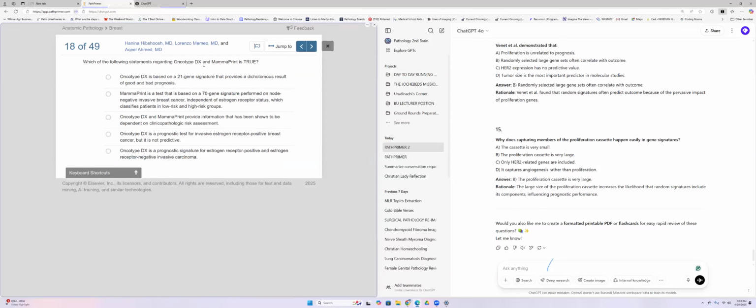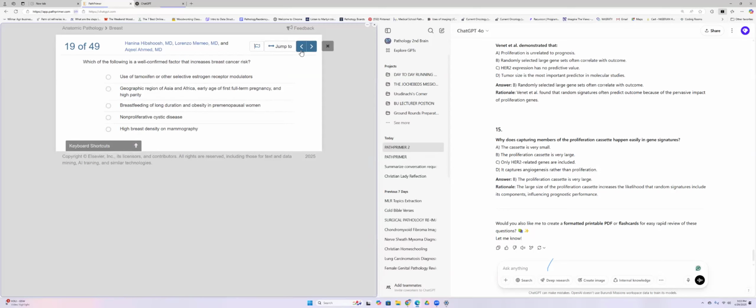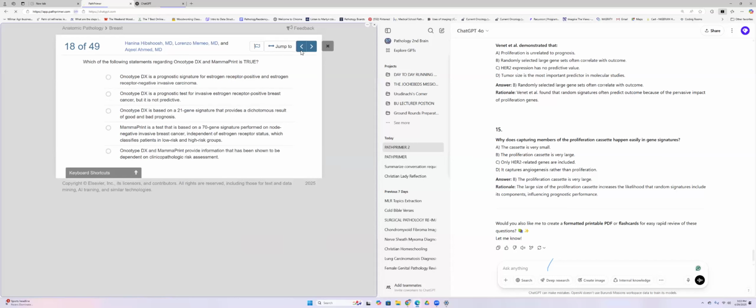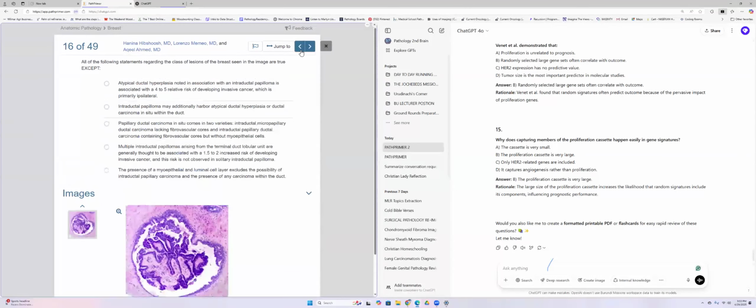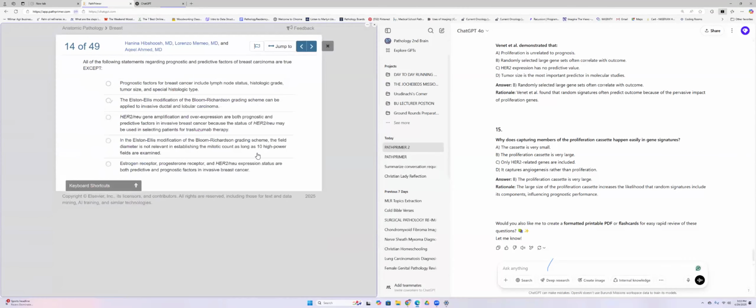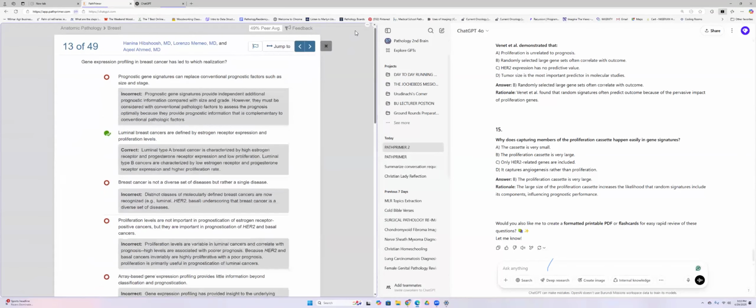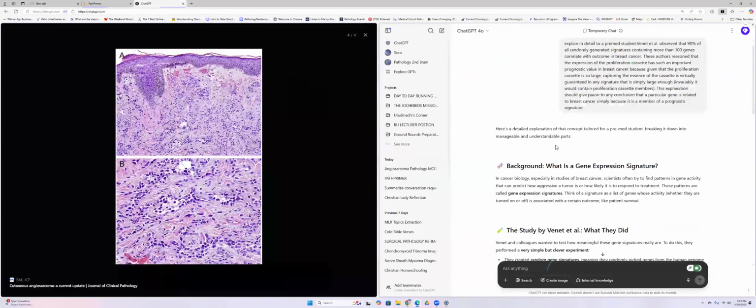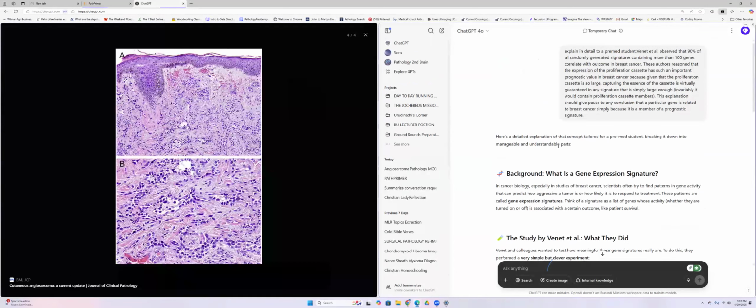Then remember this Oncotype and MammaPrint? Where did we see it before? If you get up to number 20, remember Oncotype and MammaPrint? Yes. Those were examples of what? Validation, maybe to validate proliferation. And we just bypassed it thinking it was not important. MammaPrint, Oncotype: these were validated systems for measuring cancer proliferation. KI67 is one of them too.